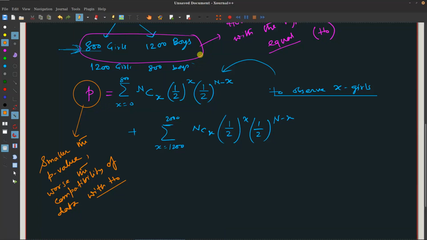Now, at what point would you reject this H0 in view of this data? You will say that the data is so bad. After you cross a certain threshold of p, you conclude that this data is so bad that this H0 we can rule out with, say, this level of confidence.